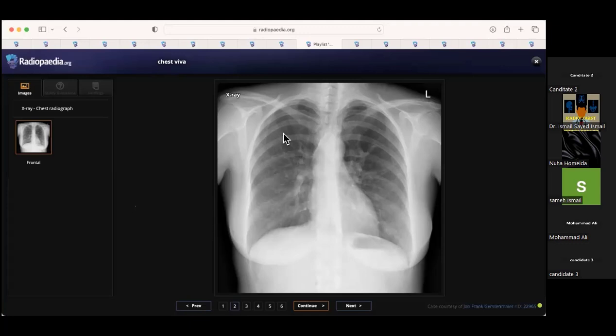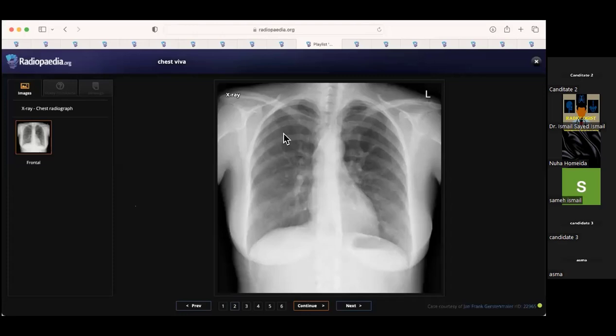The heart is unremarkable. The bones are unremarkable. No evidence of pleural effusion, no evidence of pneumothorax, no pneumomediastinum. The lung volume is maintained.